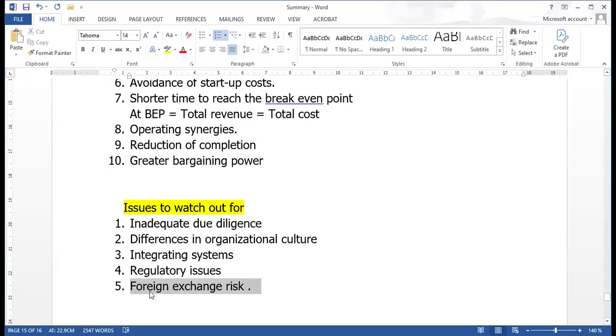So you bring this point where the acquisition is going to take place in another country. You should try to assess the foreign exchange exposure and consider the appropriate risk management measures.